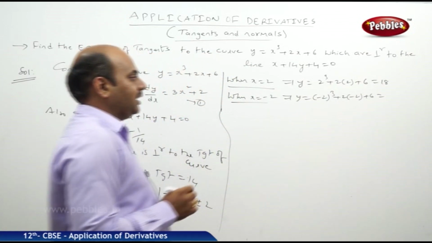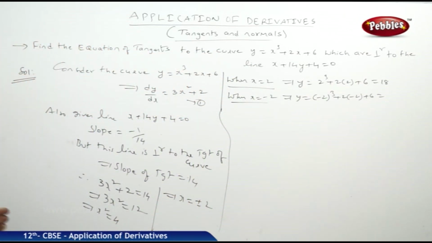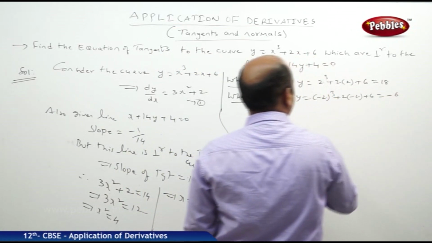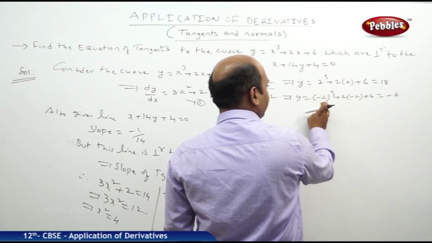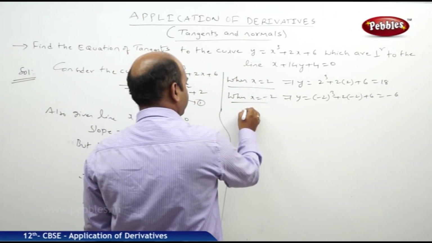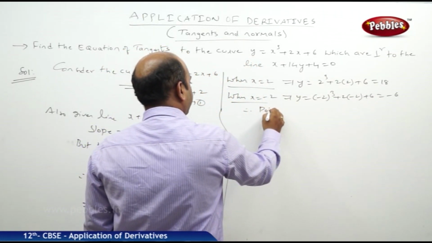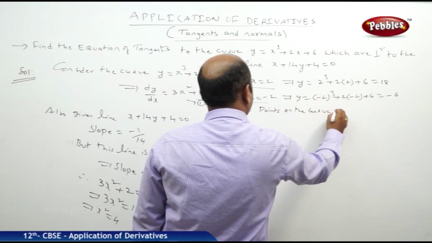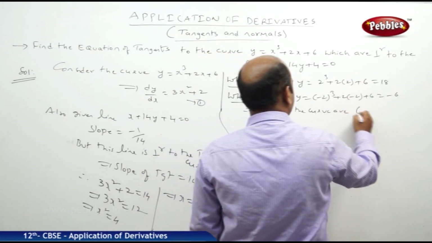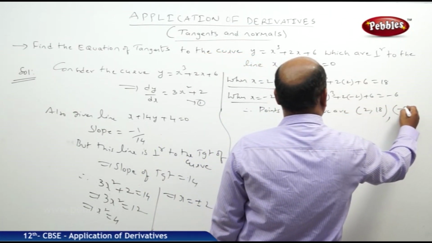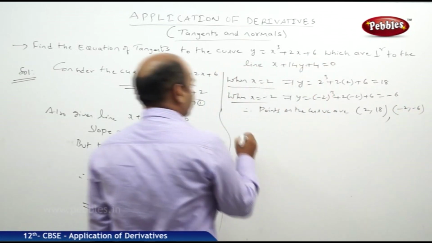So minus 8 minus 4 is minus 12, plus 6 will be minus 6. Therefore points on the curve are 2 comma 18 and minus 2 comma minus 6.